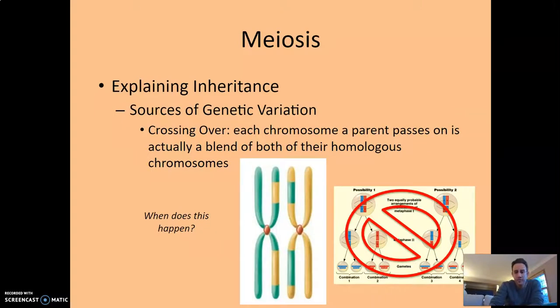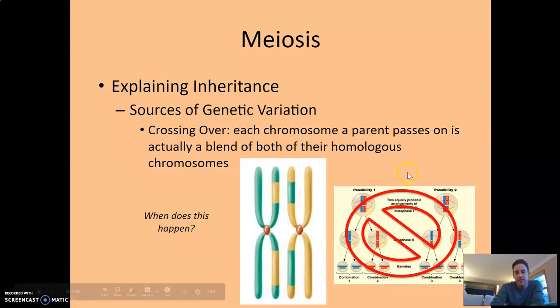Another source is crossing over. So remember, there's a diagram we drew here where we talked about how each individual, when they make their chromosomes through crossing over to pass on to their offspring, they blend the chromosome from their mom and their chromosome from their dad into unique chromosomes that have never existed before. And so through crossing over, we are creating new combinations of genes that have never existed before.